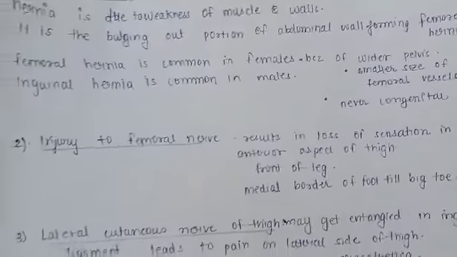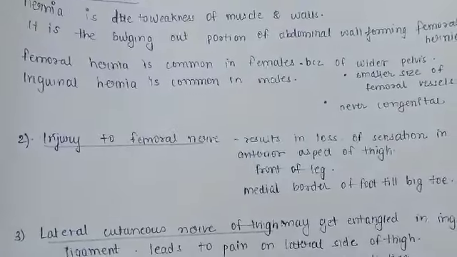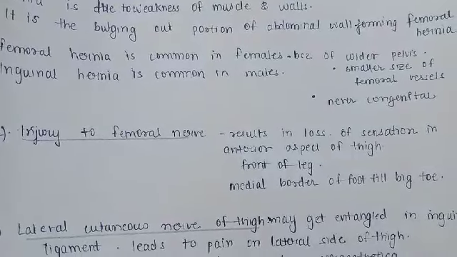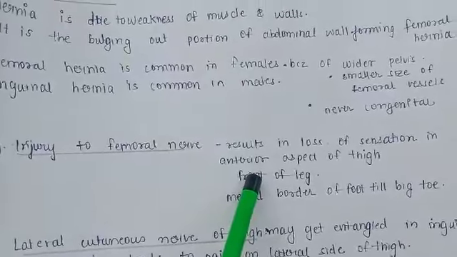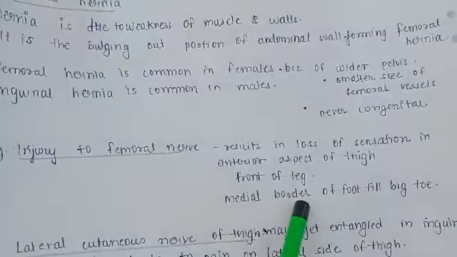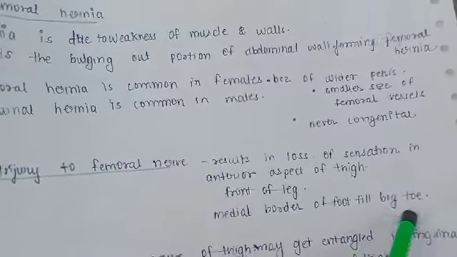Then the second clinical anatomy is injury to the femoral nerve. This leads to loss of sensation in the anterior aspect of the thigh, in front of the leg, and also in the medial border of the foot till the big toe.